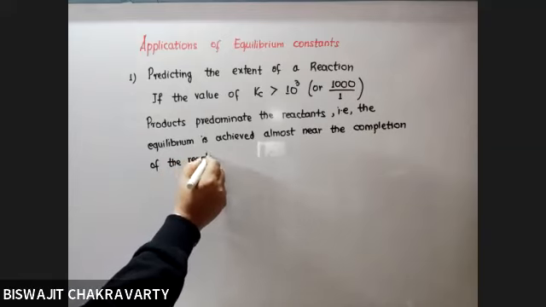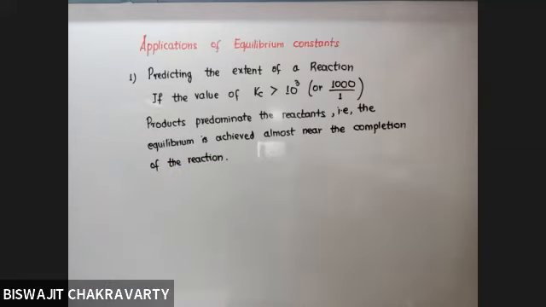Reaction to শেষ হ'ব হৈছিলে কাৰণ একদম completion or ফালে products are found to be in much more larger extent with respect to the reactants.